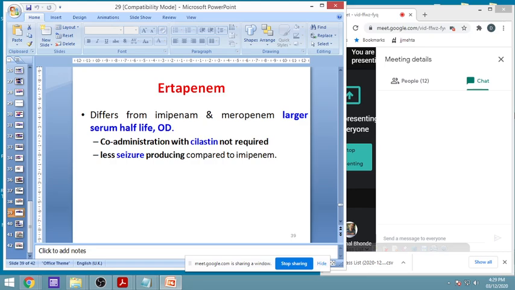It differs from imipenem and meropenem because it has a larger serum half-life, so a once-a-day dose will be sufficient. Co-administration with cilastatin is not required. It produces fewer seizures compared to imipenem, and therefore it is better than the earlier one.